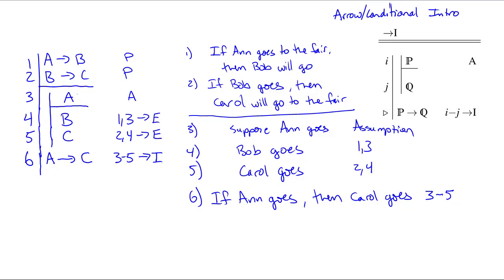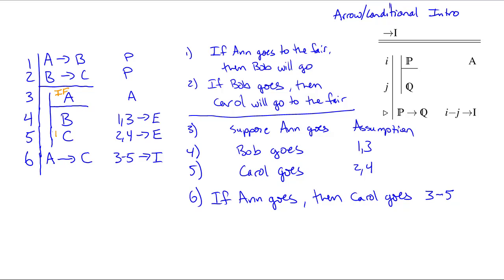So again, the basic idea here is we make an auxiliary assumption for a time. We show that it leads to some particular result, and then we're allowed to derive the related conditional.